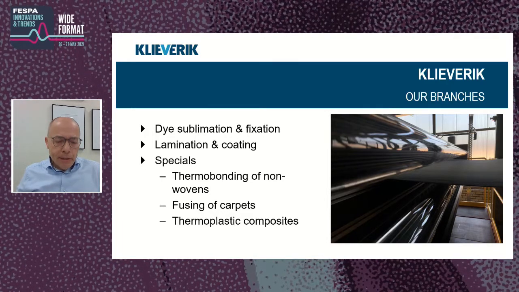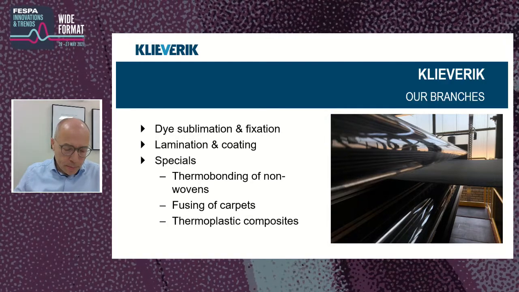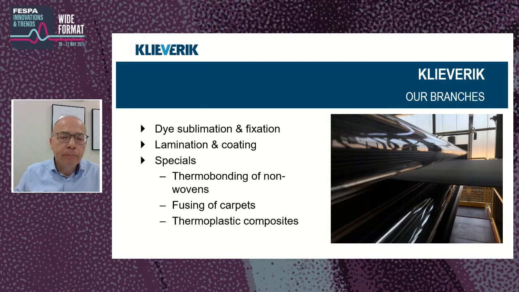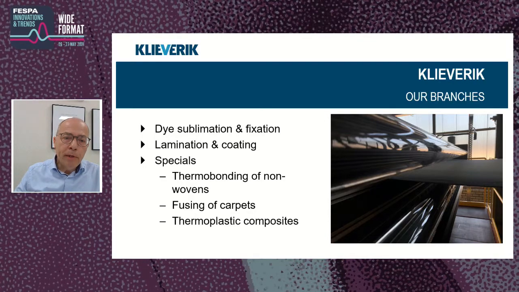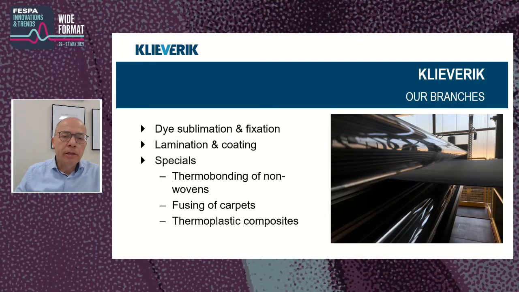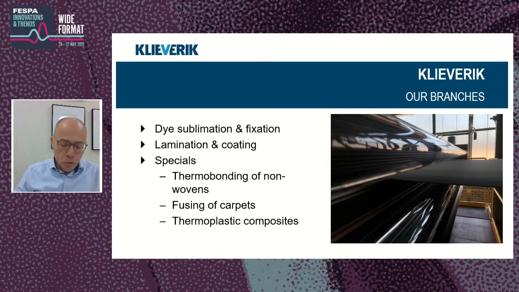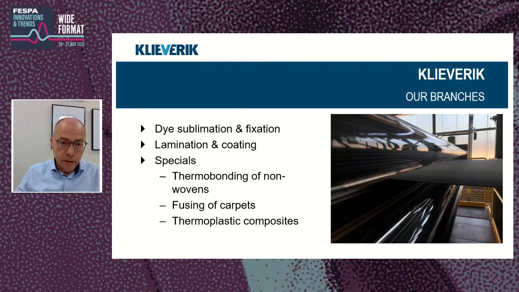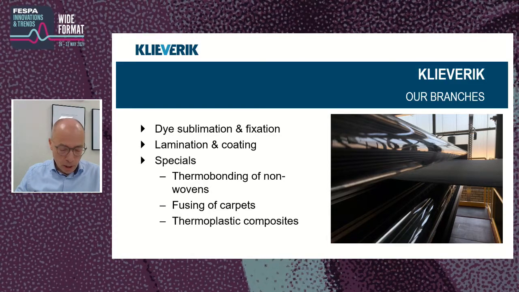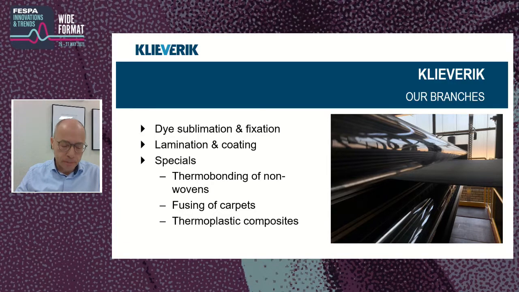Now, apart from dye sublimation, we are also active in some other branches where you can need a belt calender. And some of these activities are listed here. I mentioned laminating and coating, and that is actually applying a thermal sensitive glue to bond two or more layers of textiles, and that is used for instance in the car industry, but also in filters, in shoes, and many applications.